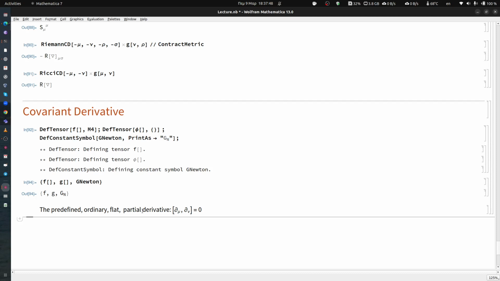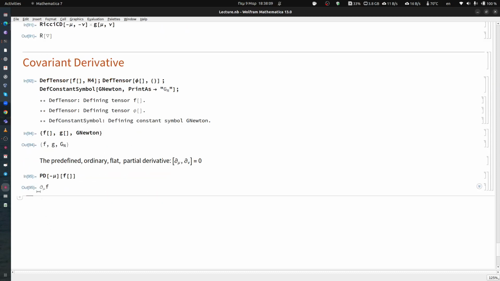It is flat, and that means that it commutes when it acts on objects. So the symbol for this connection is PD, from the initials partial derivative. When it acts on a function, it gives you the partial derivative of that function.